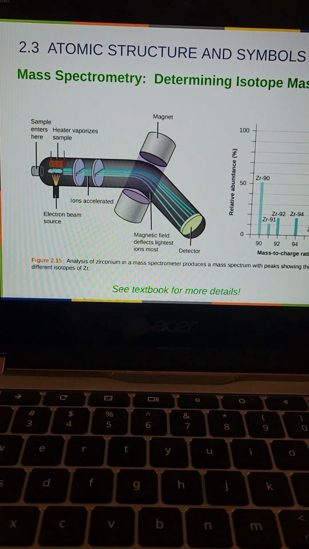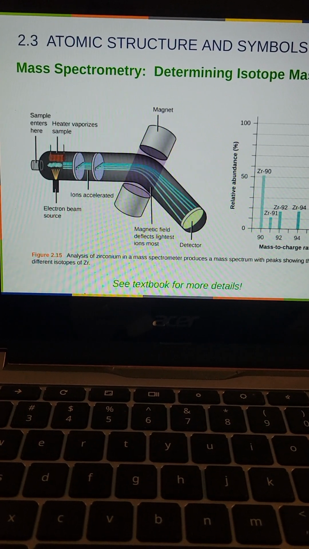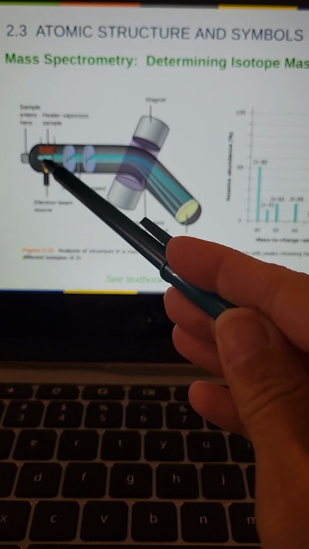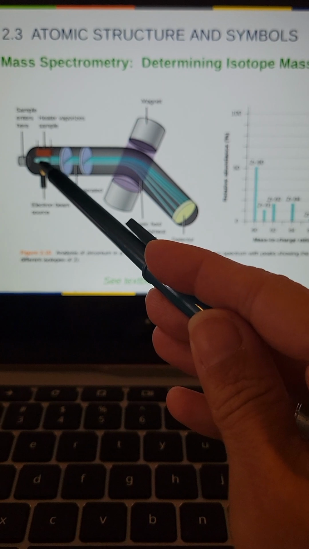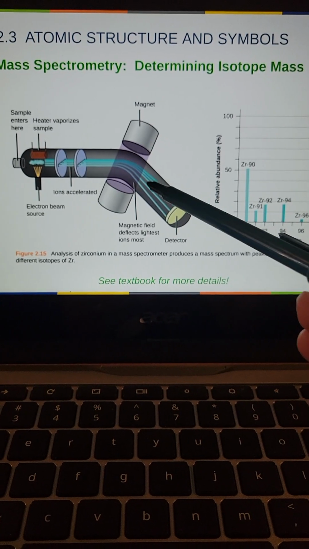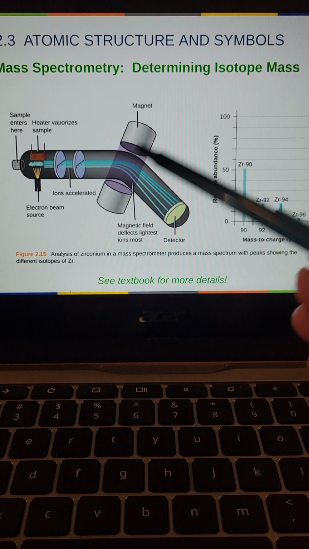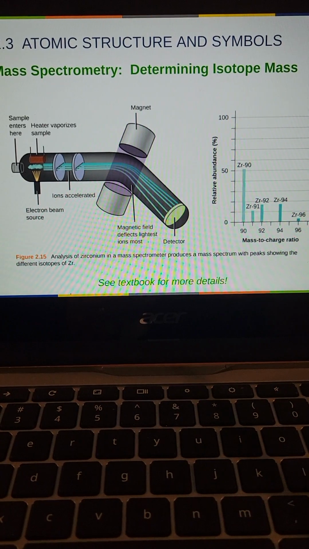All right, so a mass spectrometer is the way that we determine isotope mass. We didn't talk about this at all in Regents Chem, but here is the sample that we vaporize. The ions of the sample travel through this mass spectrometer. There are different magnets that bend them in different ways, and then the different peaks identify what is in there.